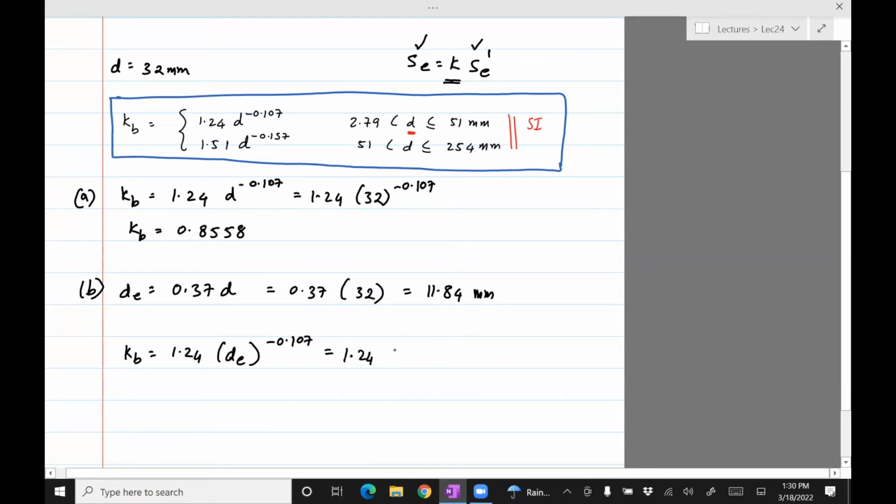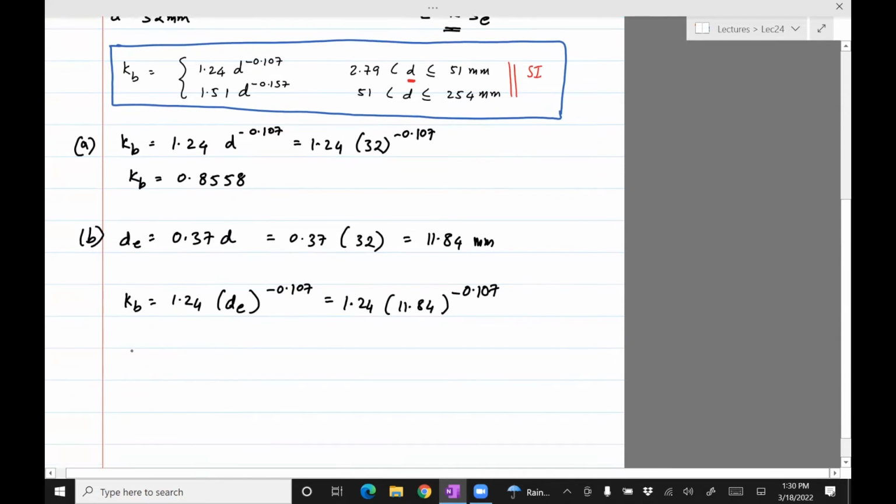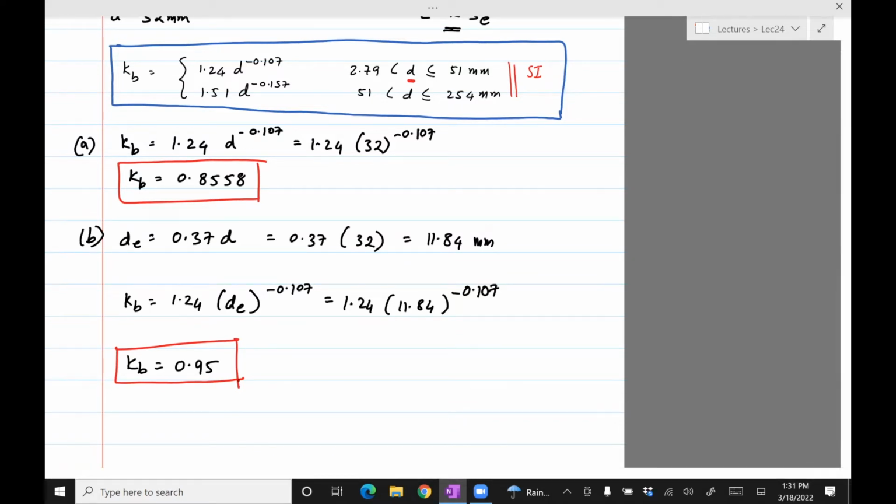So 1.24 times 11.84, that comes out to be 0.95. Non-rotating element, that's why we are changing that.